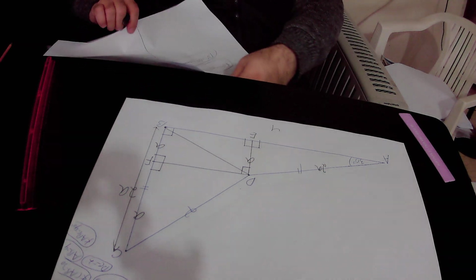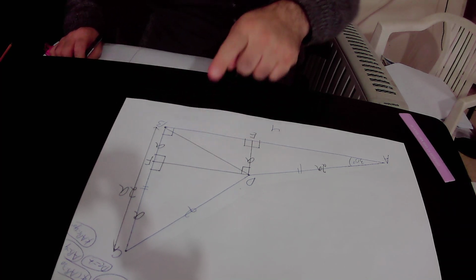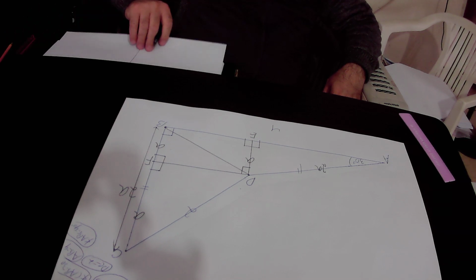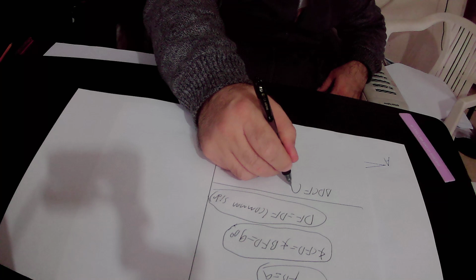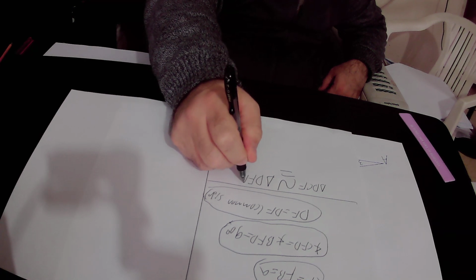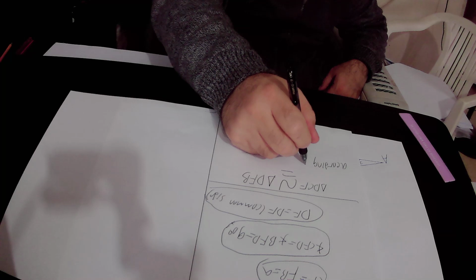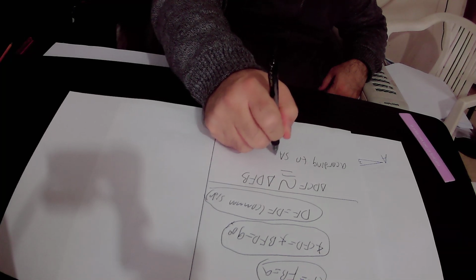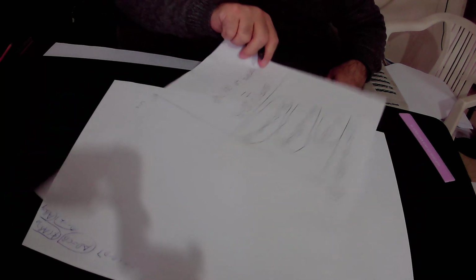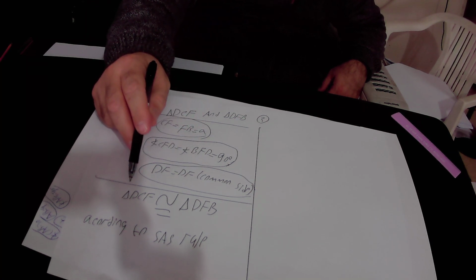So we actually proved that triangle DCF, this triangle, is congruent, this is the sign of congruent, to triangle DFB according to the side angle side rule.